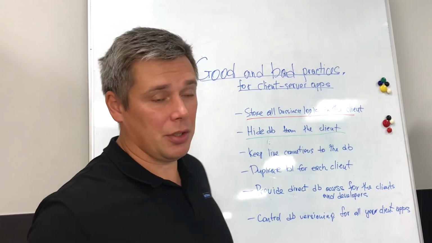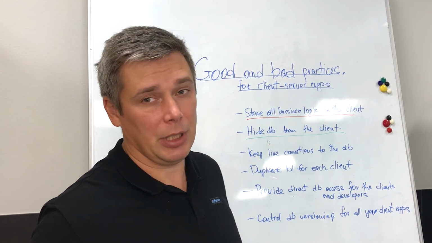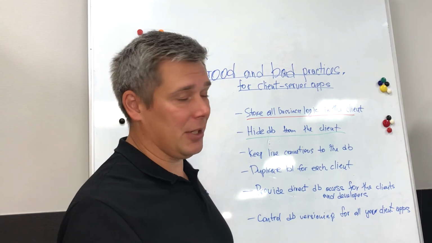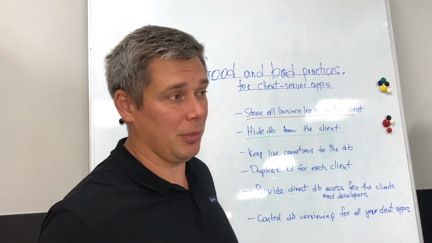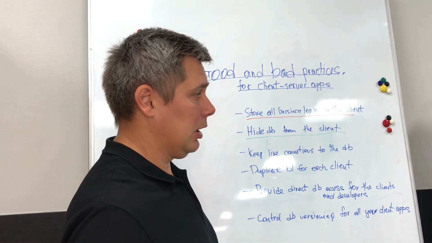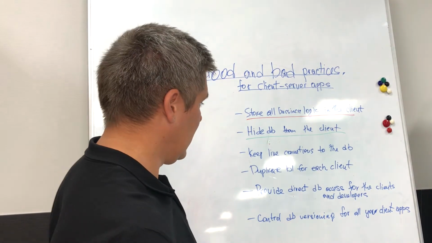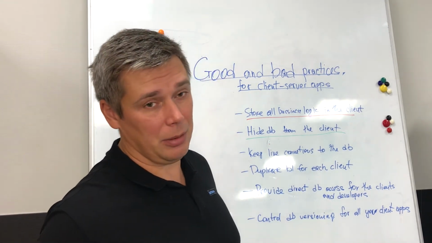Keep live connections to the database. You know that in our world, when we have a lot of mobile applications, live connections to the database can be a huge problem, because right now you have a connection, then you don't have one, and so on. And it will load the database, of course. In this case, I think that keeping live connections to the database is not a good practice.